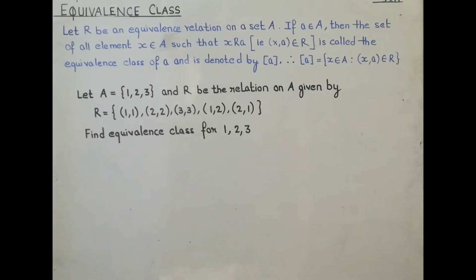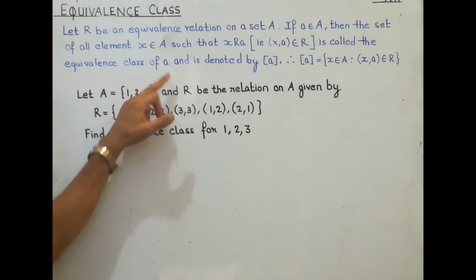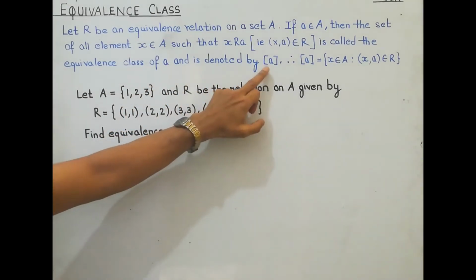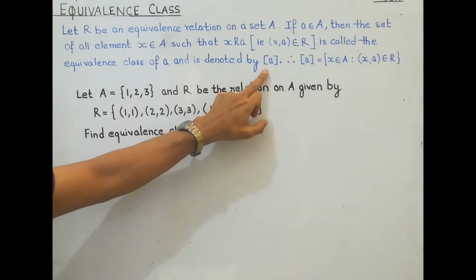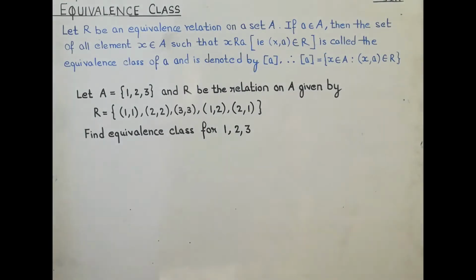Now here, the equivalence class of any element a is denoted like this, and its meaning is this. Now this I will explain to you with the help of an example that I have written over there.